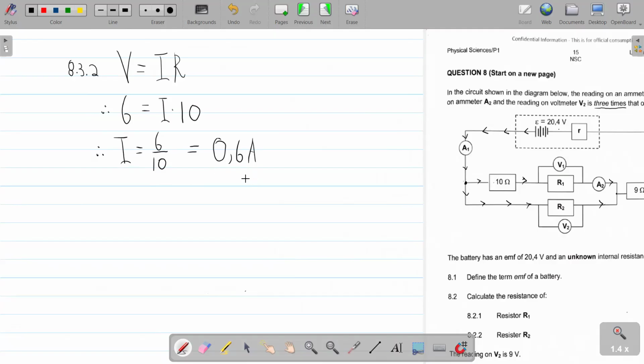And if we have that, then we can say therefore A1 equals 2 multiplied by 0.6. Then it's going to be 1.2 amperes.